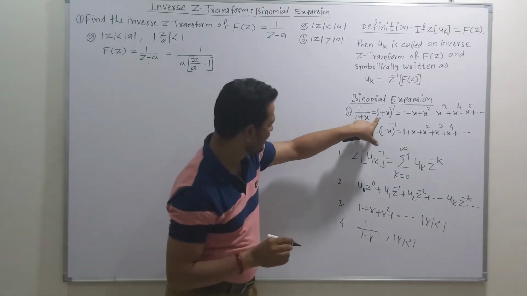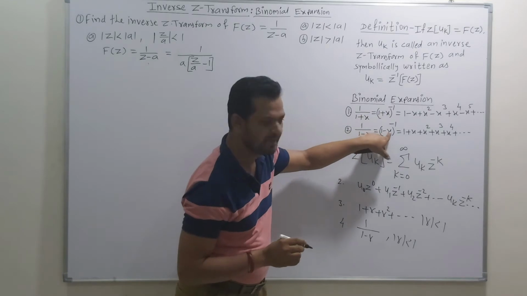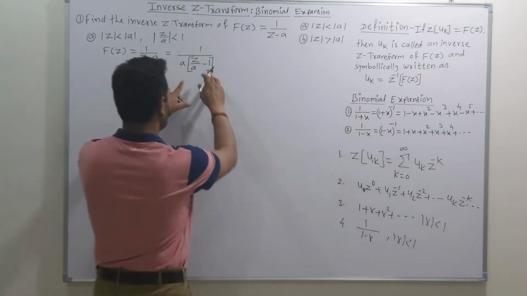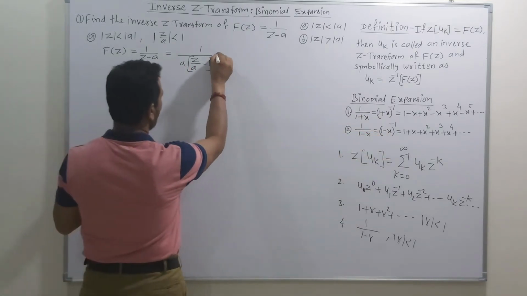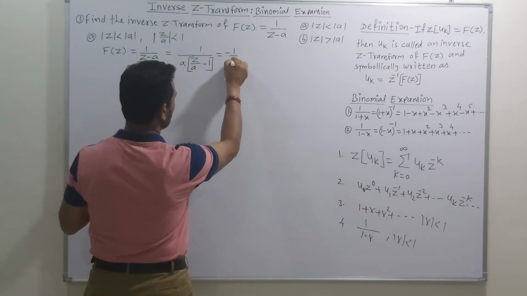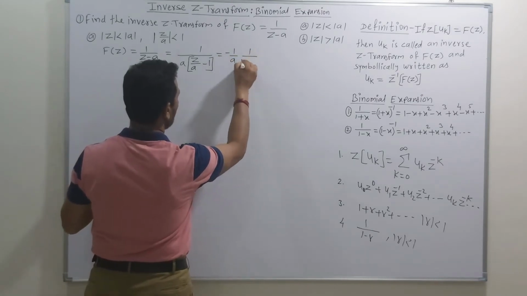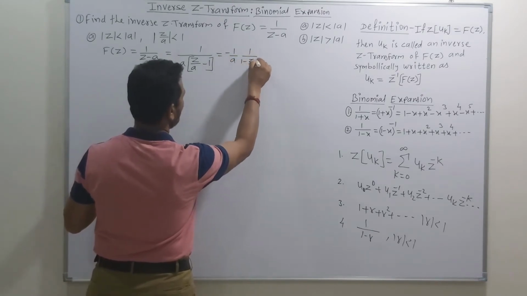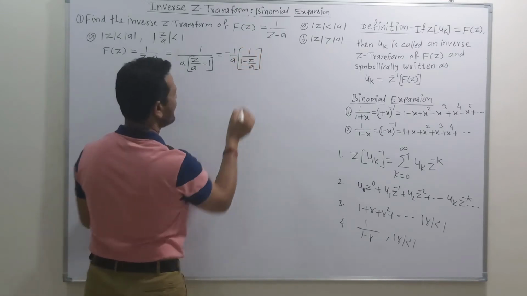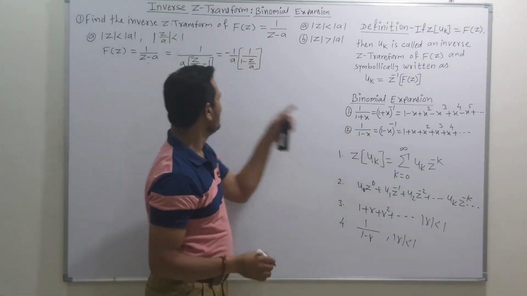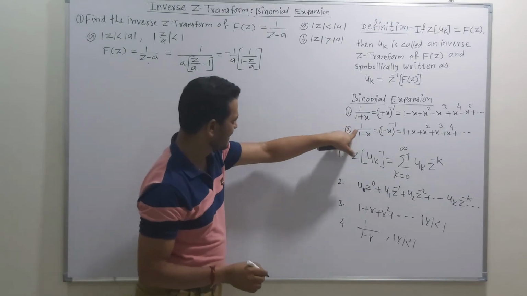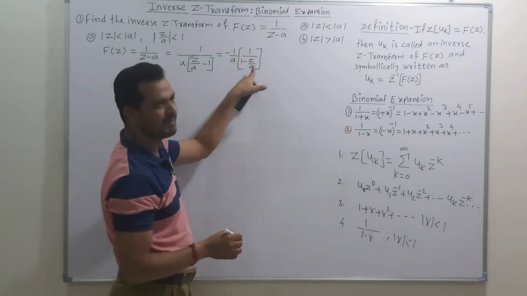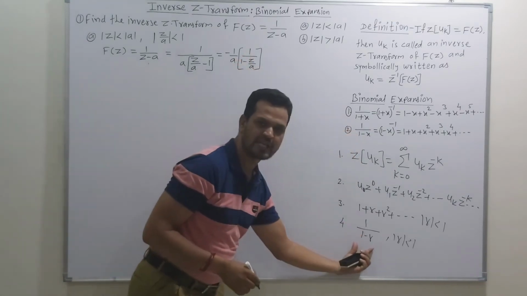Our equation is in terms of 1 minus x or 1 plus x. So to get 1 as the first term, we may write this as minus 1 upon a, then 1 upon 1 minus z upon a. So that we get the equation in this form. This is 1 upon 1 minus x.